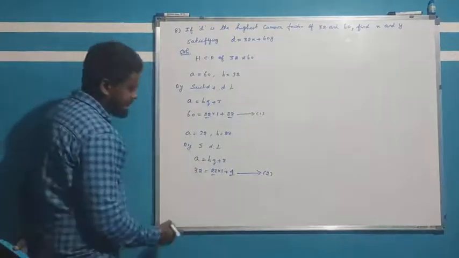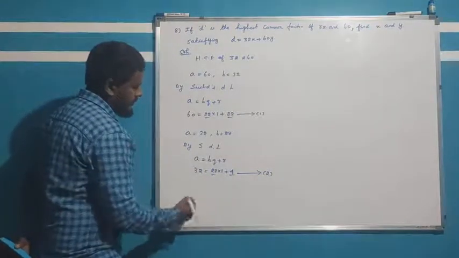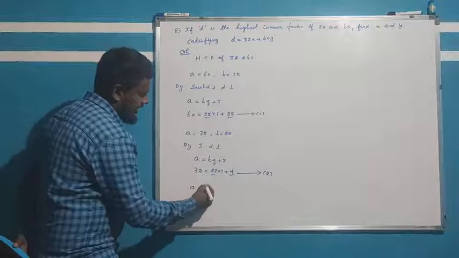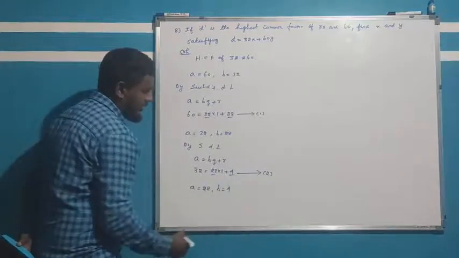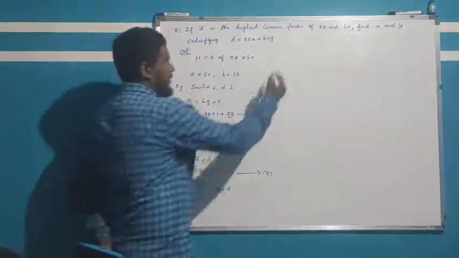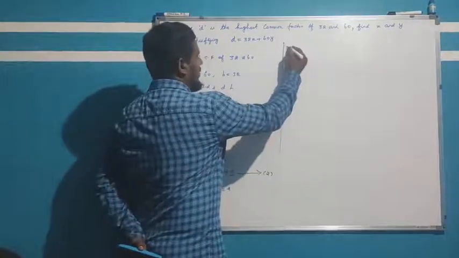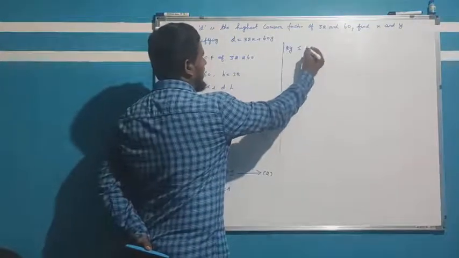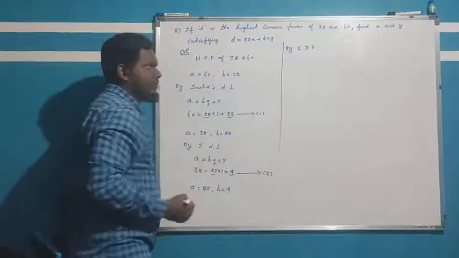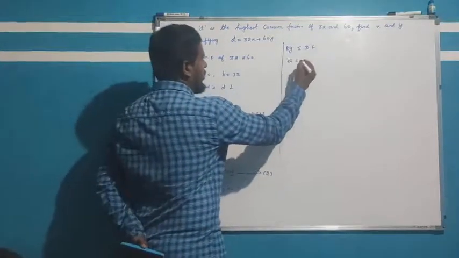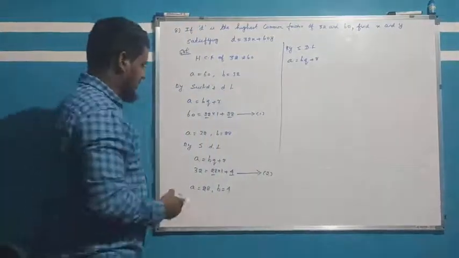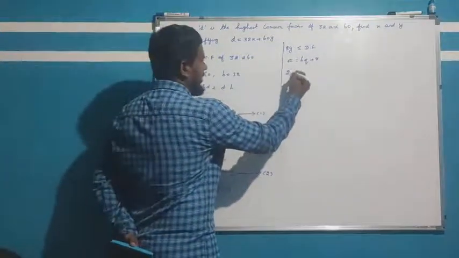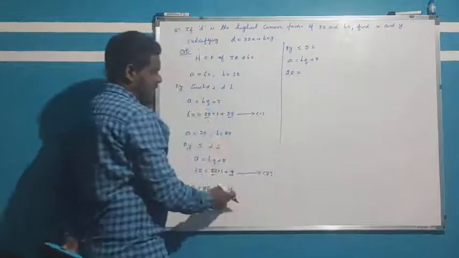Now A value is 28, B value is 4. By Euclid's division lemma, A equal to BQ plus R. A value 28 is equal to B, 4.